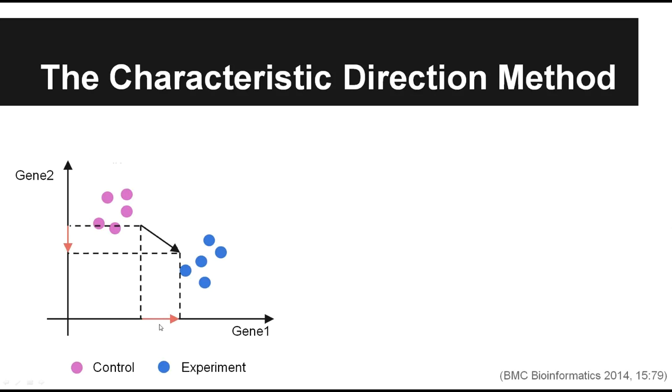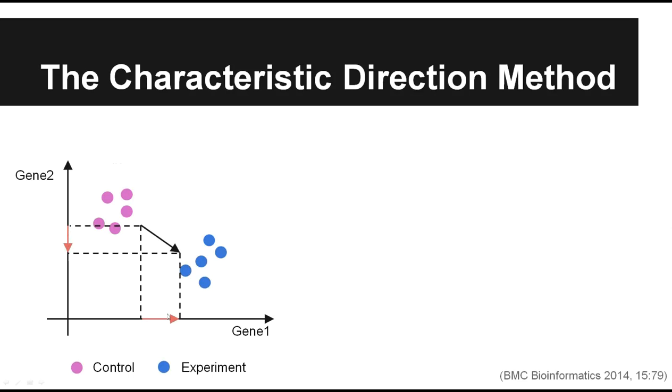You can see that in terms of magnitude, or the norm of this projection, gene 1 is larger than gene 2, which means gene 1 contributes more to this direction, the difference between experiment and control, than gene 2.